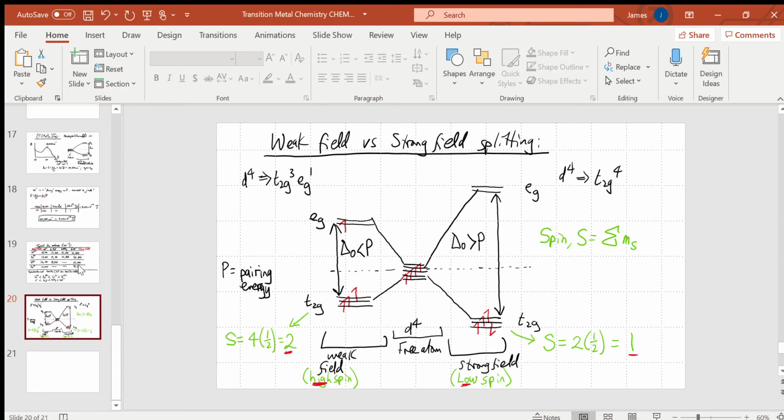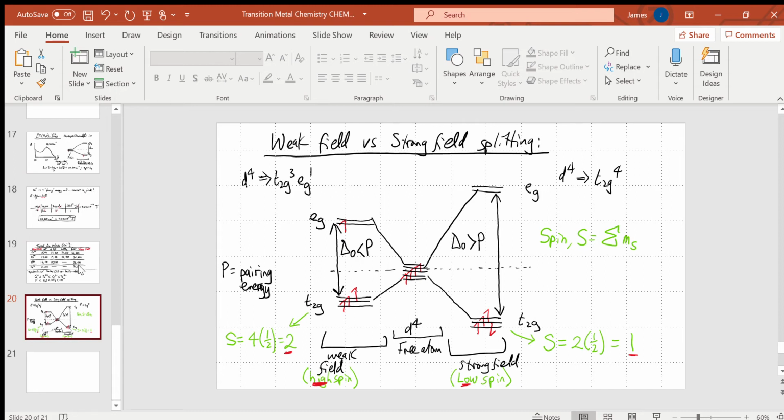It's less energy than the pairing energy. So rather than pair, we promote from the T2G to the EG rather than pair up in the T2G set. And then over here, when we have a strong field, delta O is actually greater than the pairing energy, so we preferentially pair. So rather than promote, we pair up, and that can lead to different electron configurations.